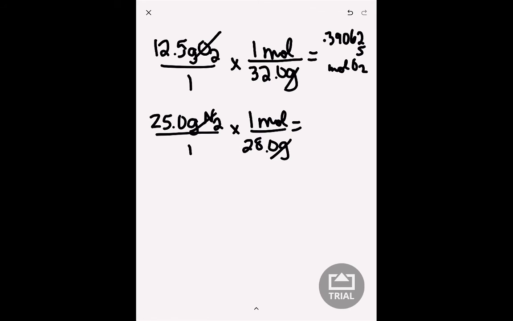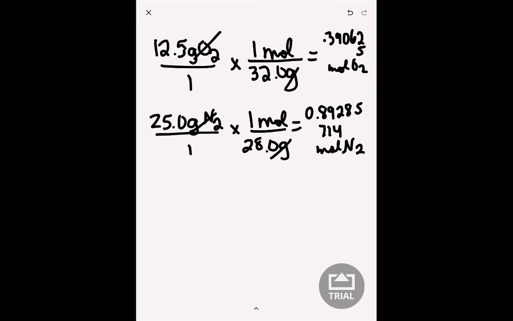So we got to do 25 divided by 28, and that gives me 0.89285714, and that is moles of nitrogen. Okay? And again, I've got to go back to the problem because Google will not keep my document open. All right.